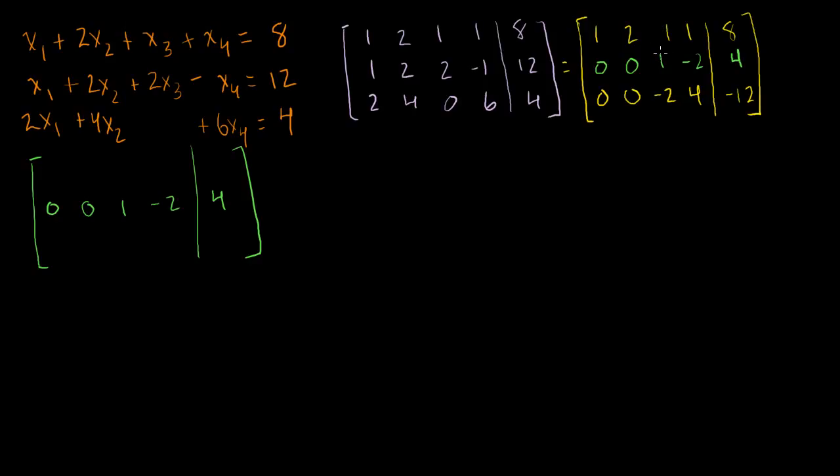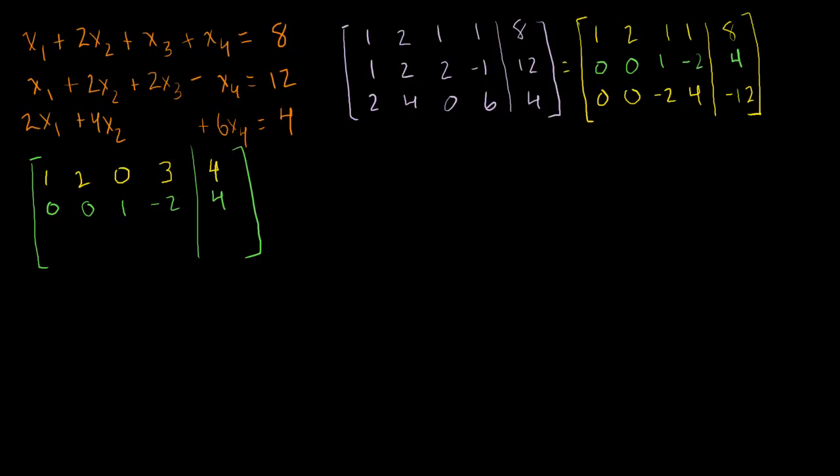Any of my pivot entries, which are always going to have the entry 1, should be the only non-zero term in its column. So I can replace row 1 with row 1 minus row 2. 1 minus 0 is 1. 2 minus 0 is 2. 1 minus 1 is 0. 1 minus minus 2, that's 1 plus 2, which is 3. And then 8 minus 4 is 4.